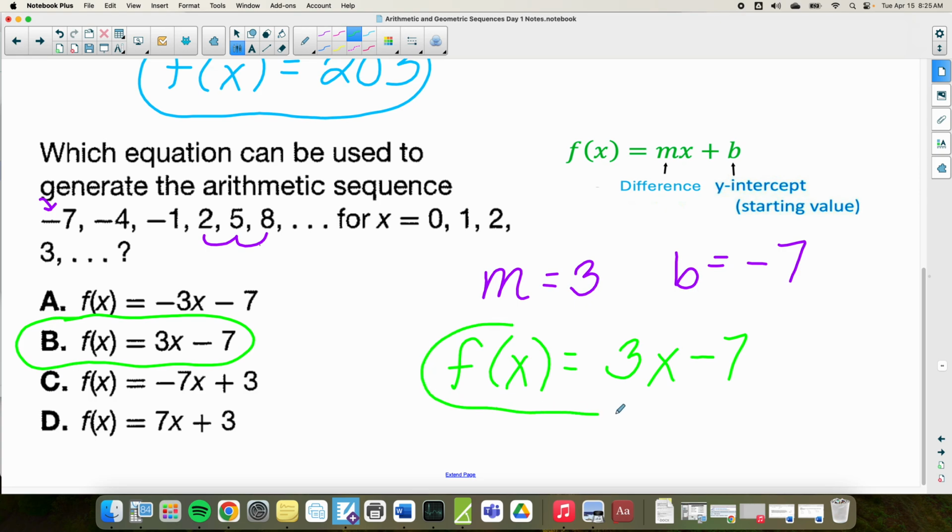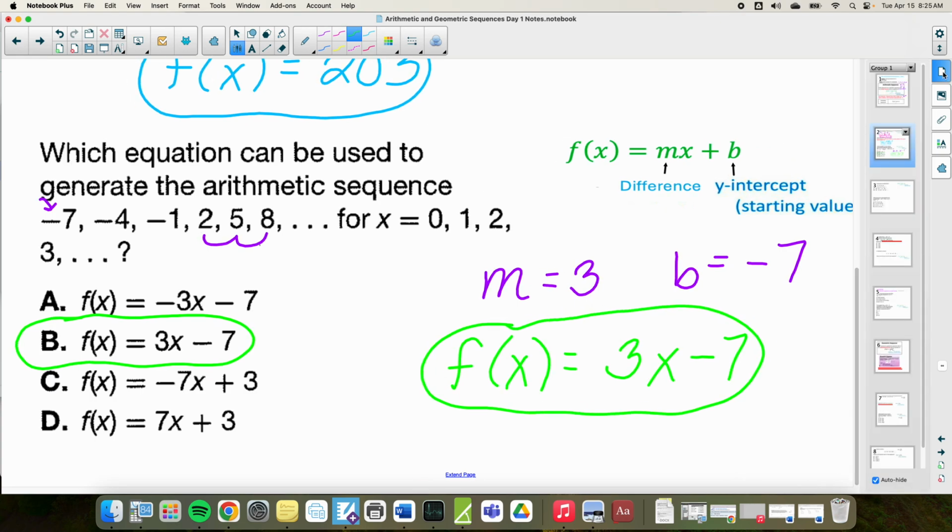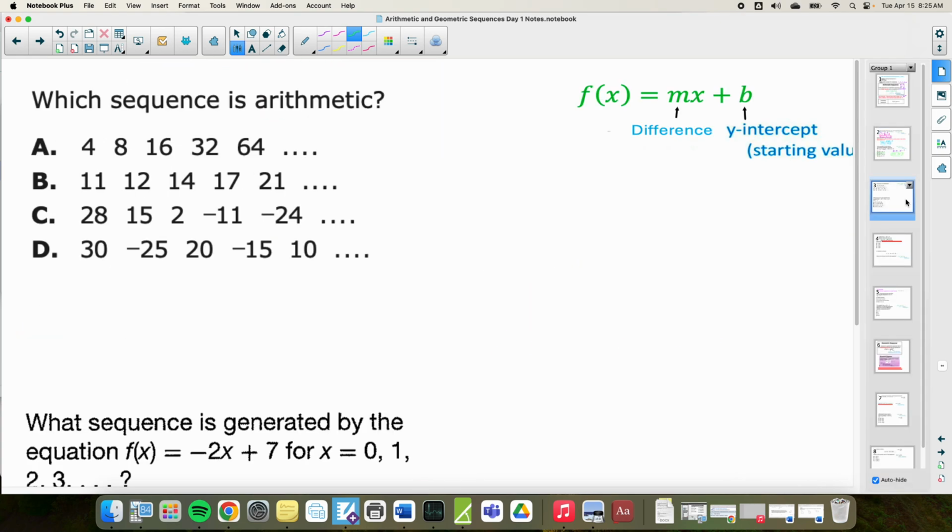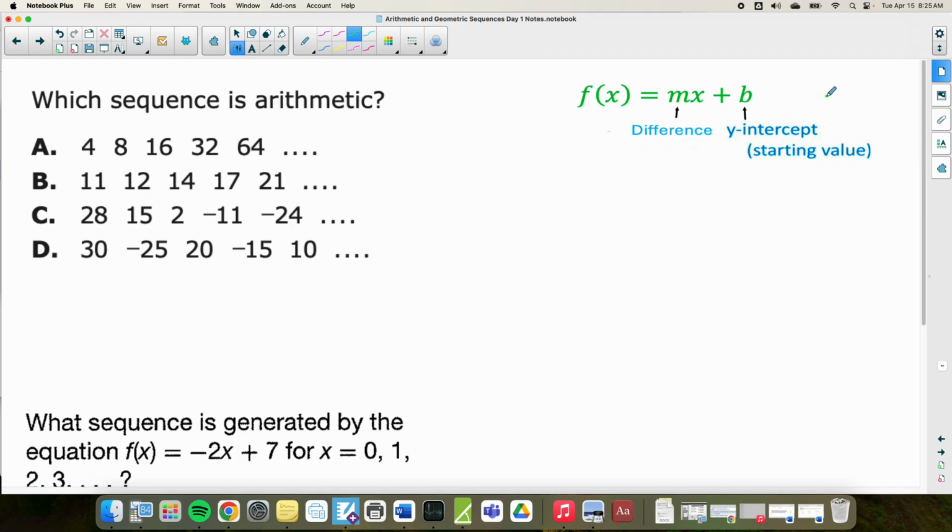Then if we go to our next page, which series is arithmetic? What that means is they have to each be added the same number each time, or have a number subtracted each time. Which one looks like it would be?